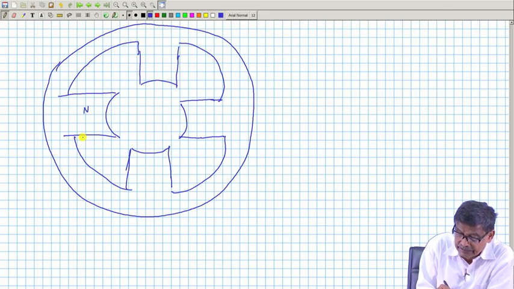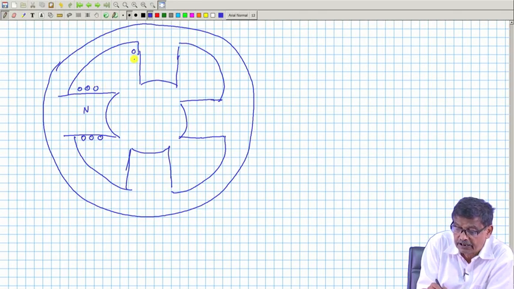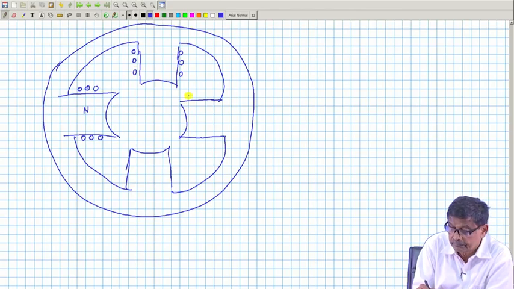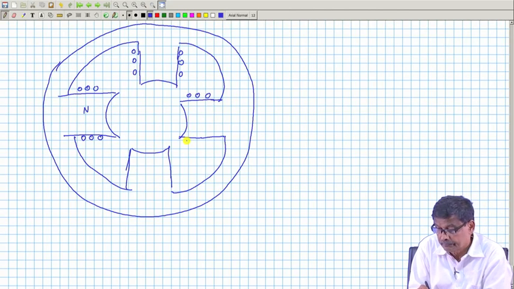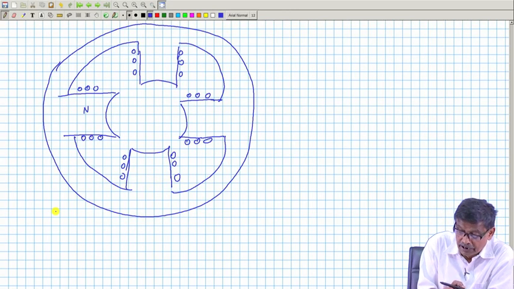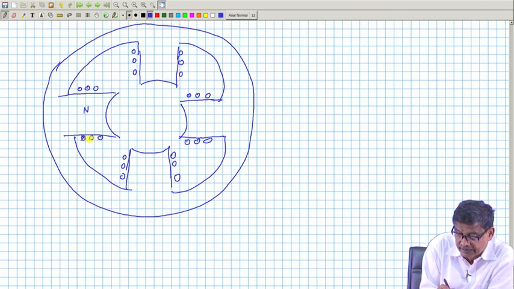Suppose this is the sectional view of those coils. So, there will be now 4 field coils. Got the point. So, the currents are like this, cross dot here.